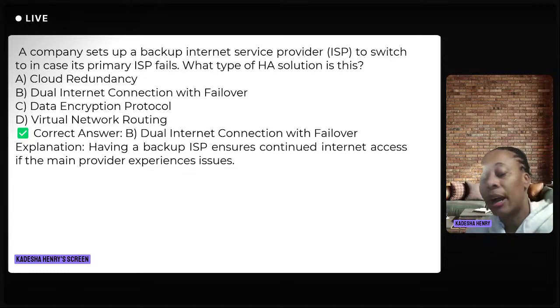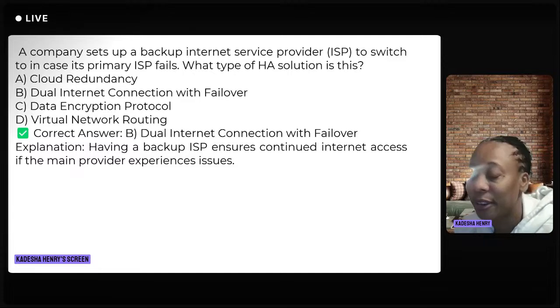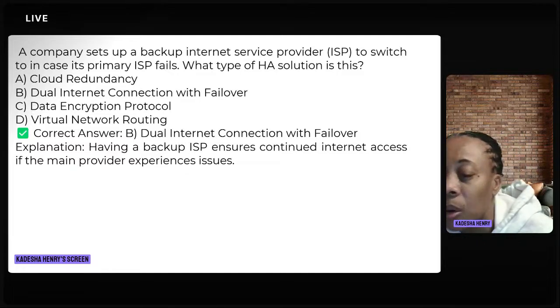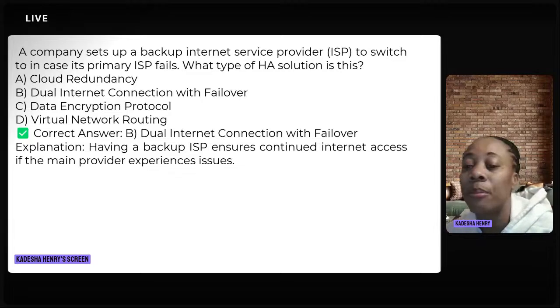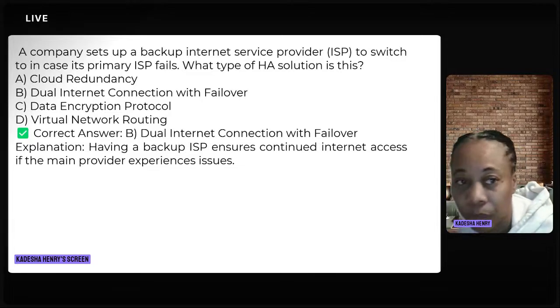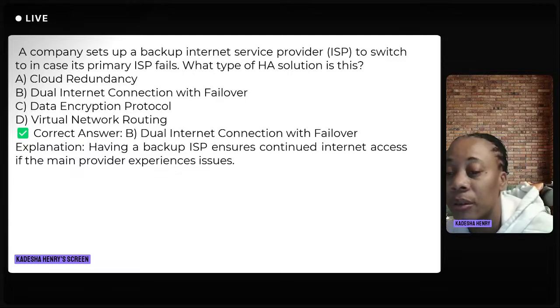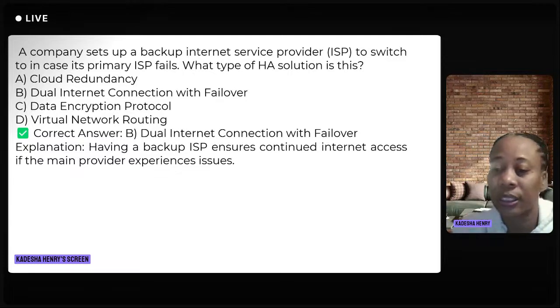So we have to have the dual connection failover, just in case the primary one fails. If my system shuts off, I will just pick up back where I started, but it seems as if I'm having some issue here.